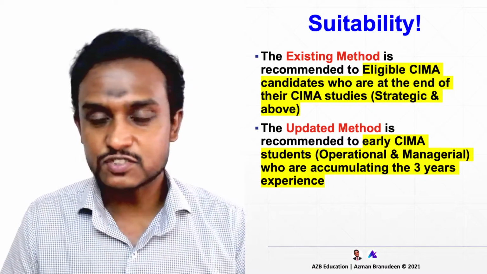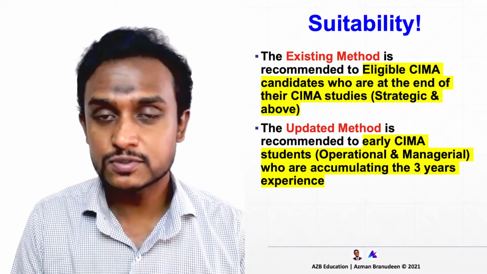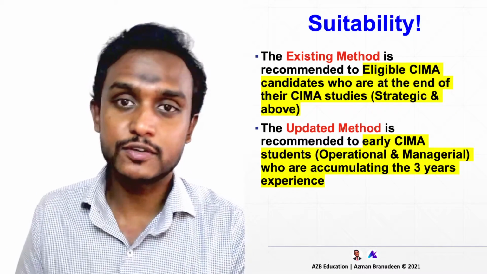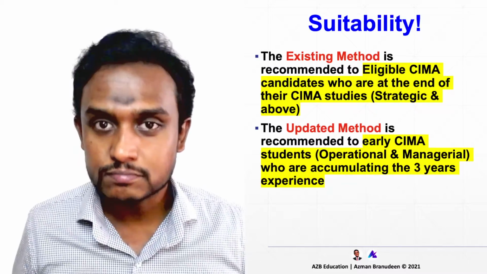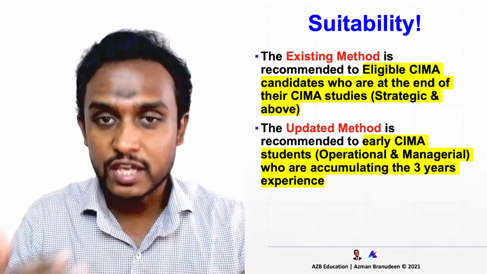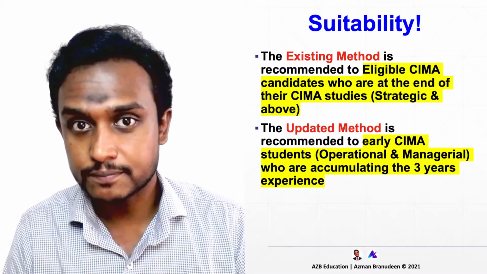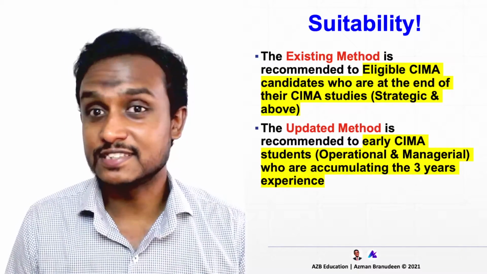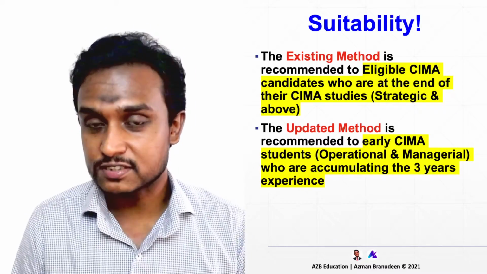Then in the next 6 months, you finish your management OTQs. After you reach a certain CIMA milestone, you log back in and update your MAT. You keep updating it regularly, maybe once every year or once every semester, once every time you complete your exams. You can do this.